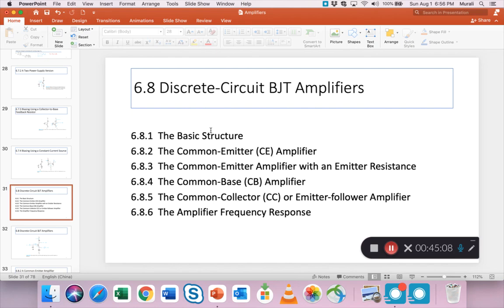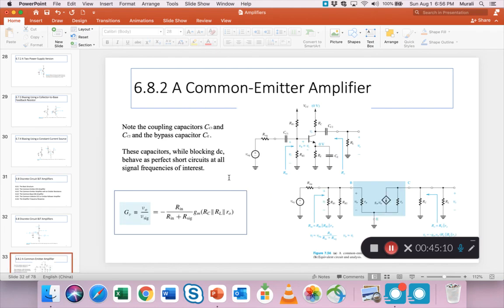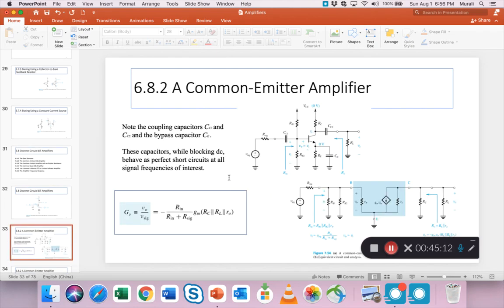So all these circuits we'll see, including coupling capacitors, which we have talked about also. Coupling capacitors block DC, but they allow signals to go through at any frequency.